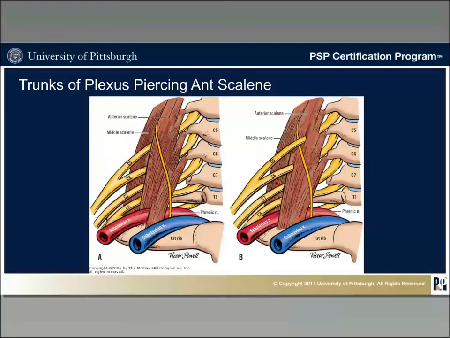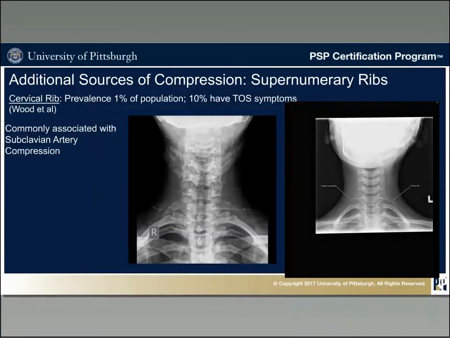In terms of the trunks of the brachial plexus and their piercing through the anterior scalene, realize that this can be a somewhat variable course depending on the individual. Sometimes the brachial plexus will run behind, or sometimes some of the trunks may come piercing through the scalene musculature as depicted on the slide.